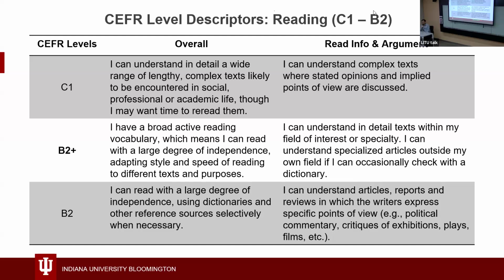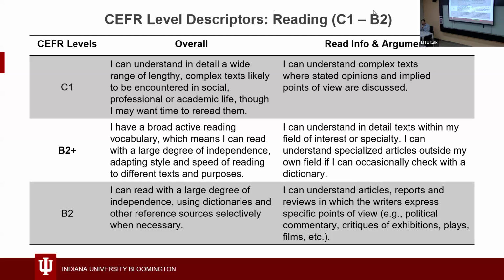Here, B level is an independent language user, right? So you have an active reading vocabulary, and you don't constantly go back to the dictionary to check the meaning of vocabulary if you're B2 or B2 plus.